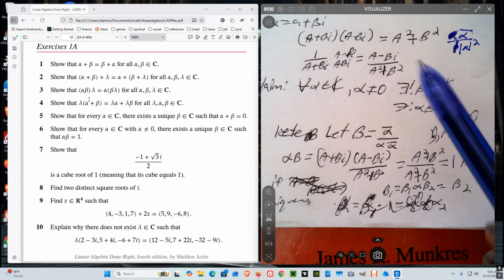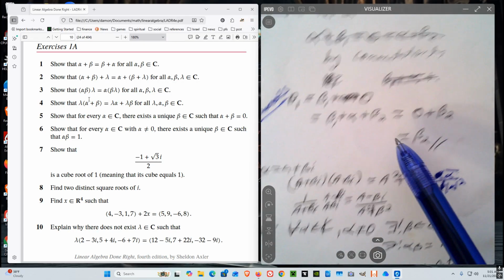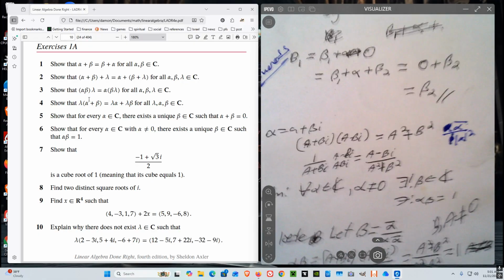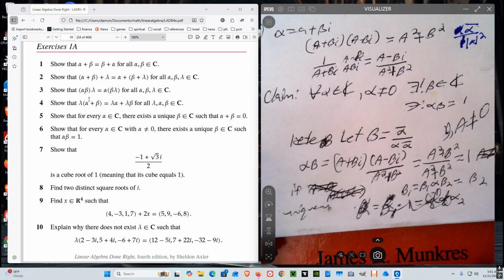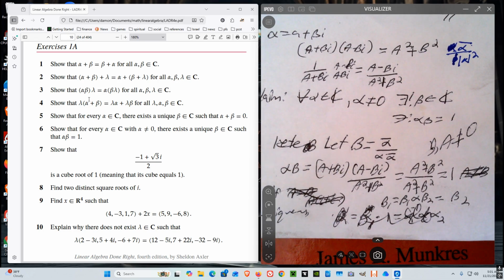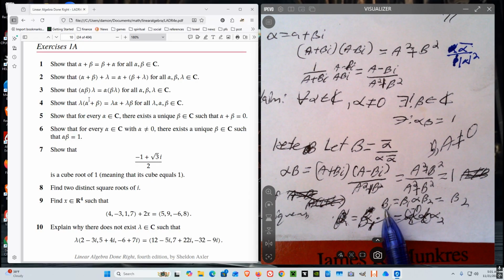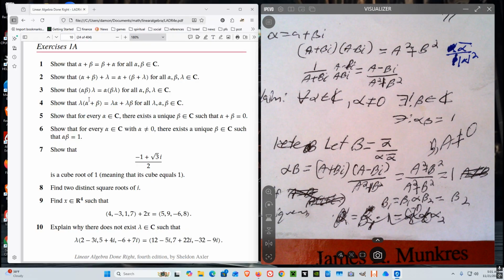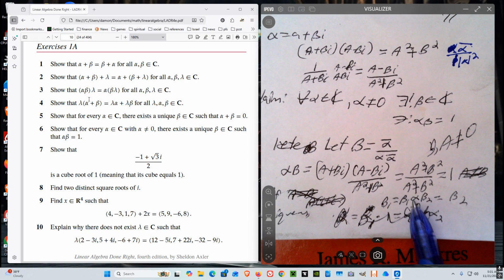Now we do the same method we did up here to show uniqueness with the 0. Let's assume beta 1 and beta 2 are both multiplicative inverses. Then beta 1 is equal to beta 1 times 1. But 1 is alpha beta 2.